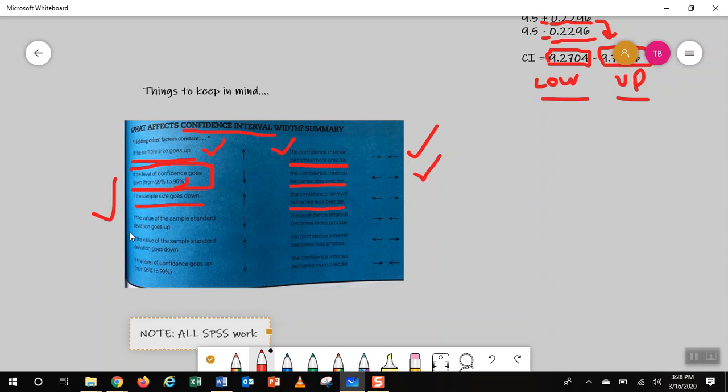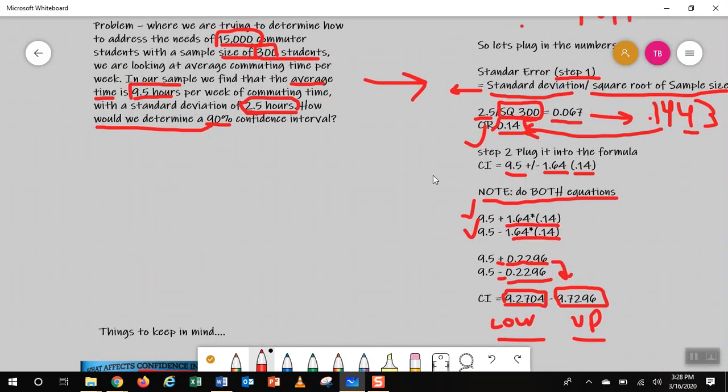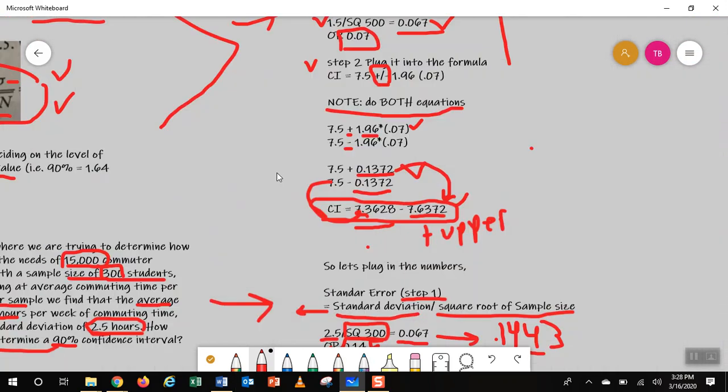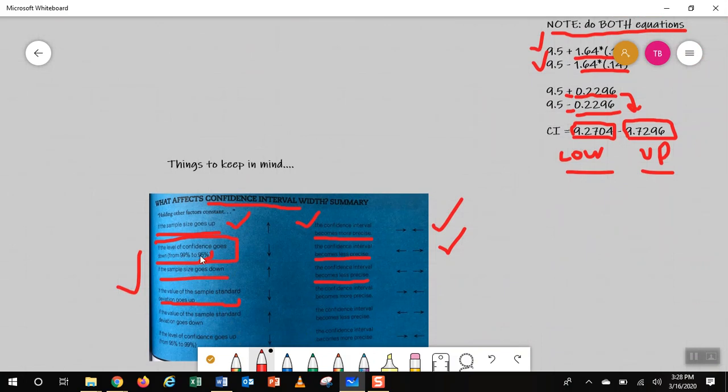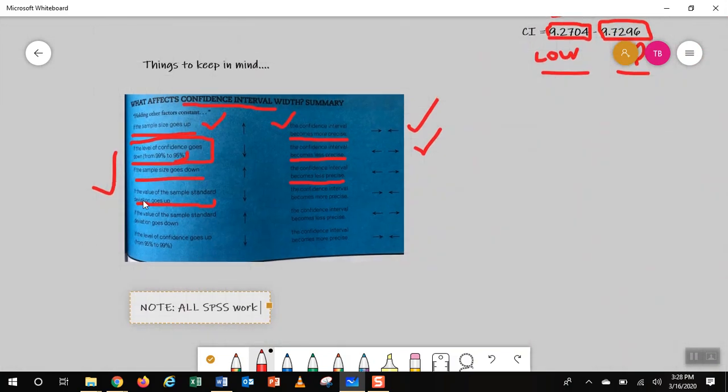Okay. So if the value of the sample standard deviation goes up, this is another version of this. And this has to do with you plugging these numbers into your equation. So that number you plug in, and we'll go back up here, that number, the standard deviation right here, as that one goes up, the confidence interval becomes more precise, because again, this is dealing with how much of that normal curve you're encompassing.